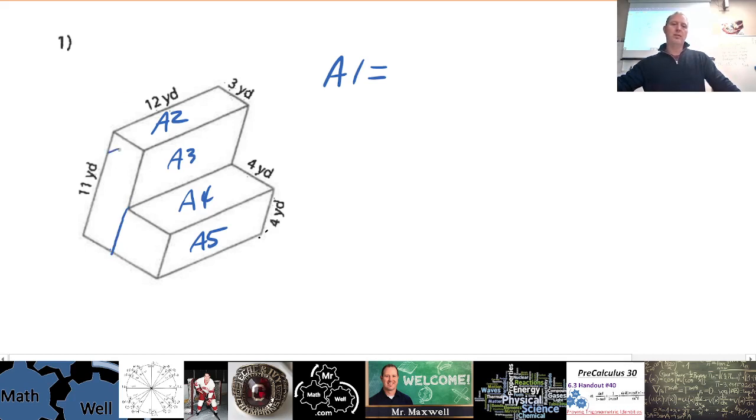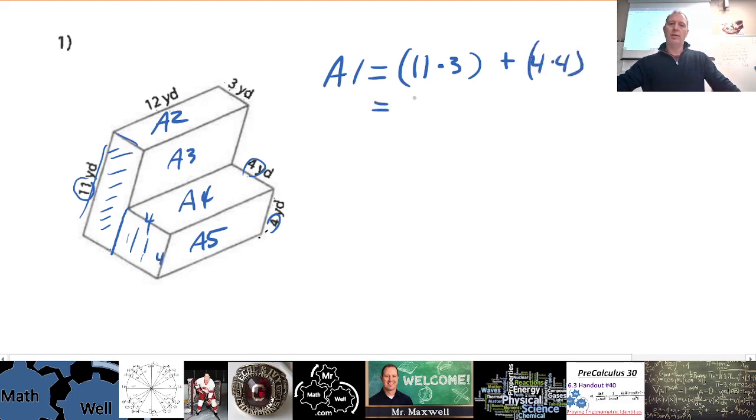What is this piece right here? That is 11 by 3. So area 1 is 11 times 3 plus, what's this one? 4 by 4. Yeah, 4 by 4.